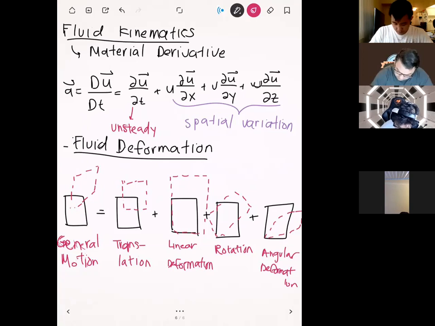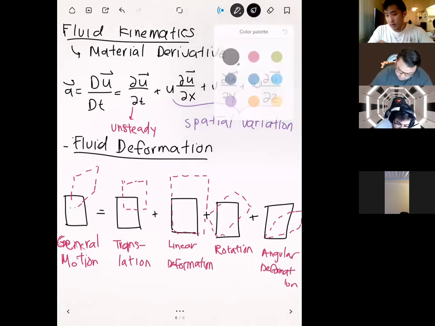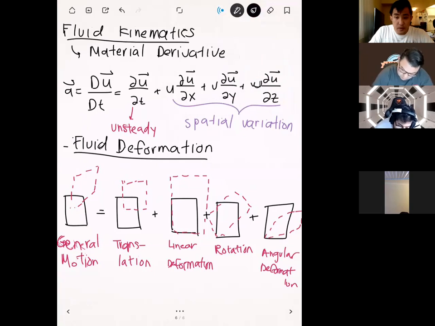If we break down fluid deformation into these 4 different modes, then this can help us explain how velocity fields and pressure fields actually come about. Any questions on this?